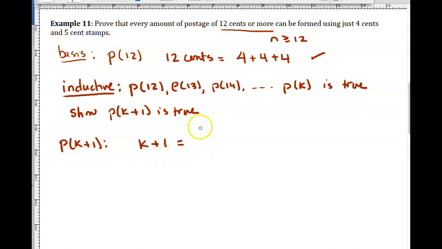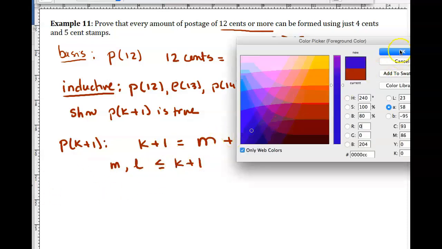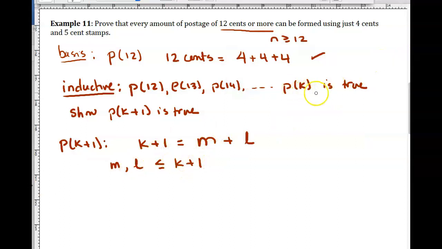So I'm going to say k plus 1 can be made up of m plus l. I'm going to take 2 integers that add up to give me k plus 1. The important thing is I don't really care what they are. What I care about is that both m and l are less than or equal to k plus 1. Because these are smaller than k plus 1, they fall in this category.